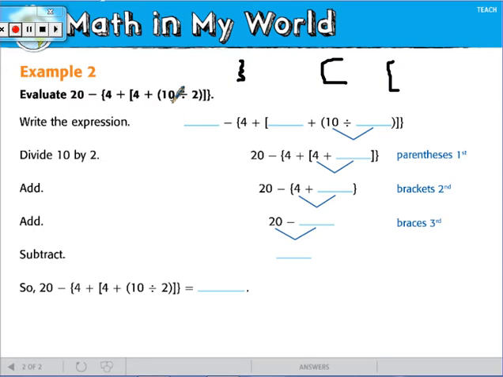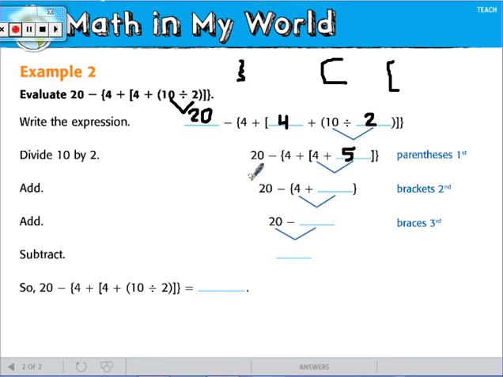Okay? So now, with the 10 divided by 2, which is what they have us doing over here. Okay, so we have to write the expression out. So we have 20 minus, these are braces, 4 plus, this is a bracket, 4 plus 10 divided by 2. 10 divided by 2 is 5.